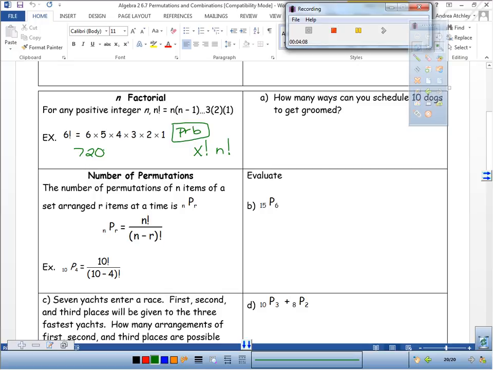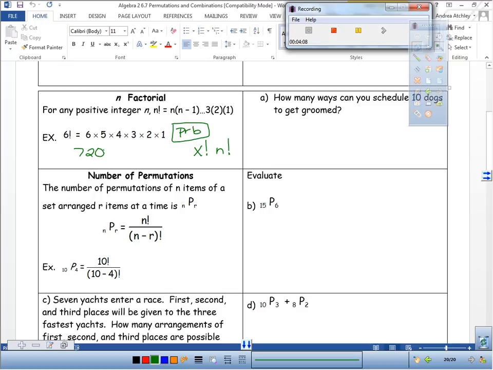Okay, so those are our wonderful buttons on our calculators. If you don't have that button and you're using an old school calculator, then you get to enter 6 times 5 times 4 times 3 times 2 times 1.